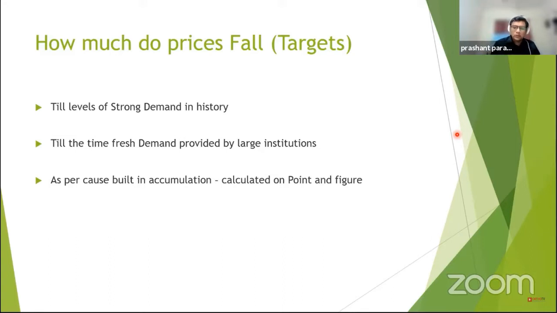So it is also calculated on point and figure, and distribution also can be found. There are also Fibonacci extensions, pattern targets, everything. And maximum fall in a stock can be up to zero. Below zero, it cannot go. Definitely, there was an example of crude oil futures which went below zero, but that is a very rare example and it doesn't happen regularly.